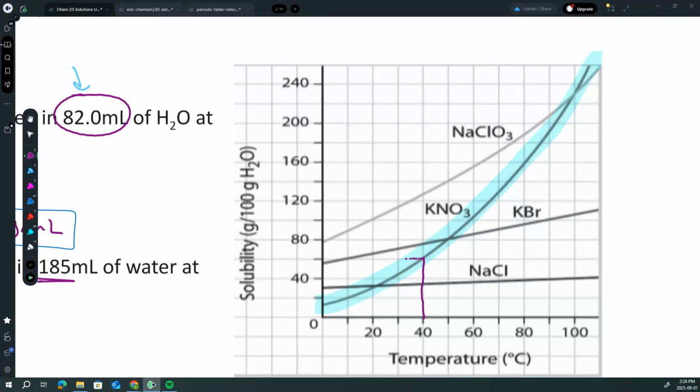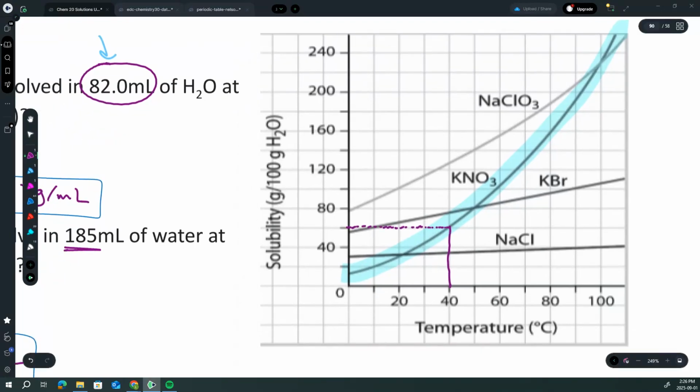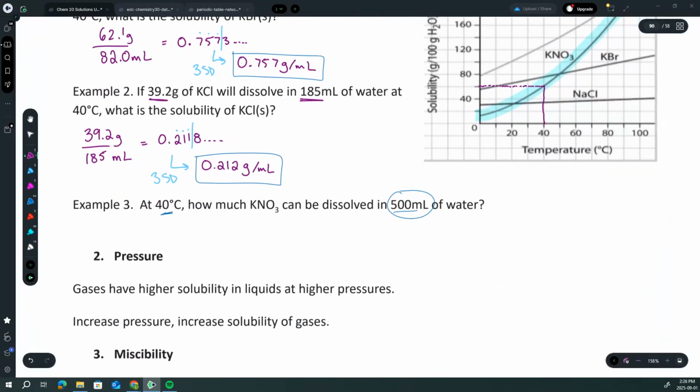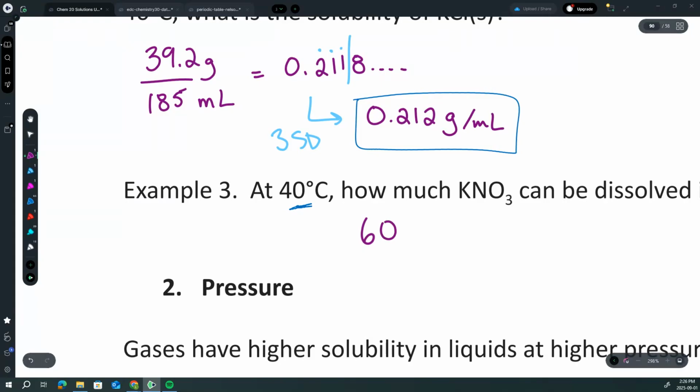Okay, so if I go over to the side, the solubility of potassium nitrate at 40 degrees Celsius is going to be 60 grams per 100 milliliters of water. So 60 grams per 100 milliliters of water.